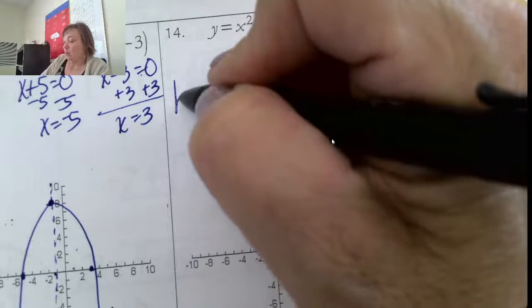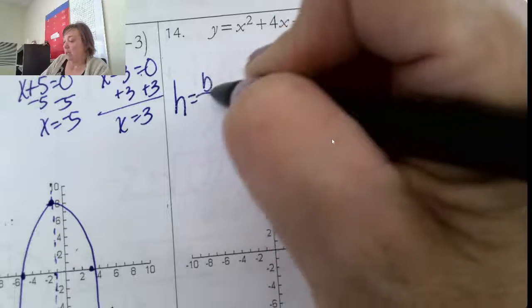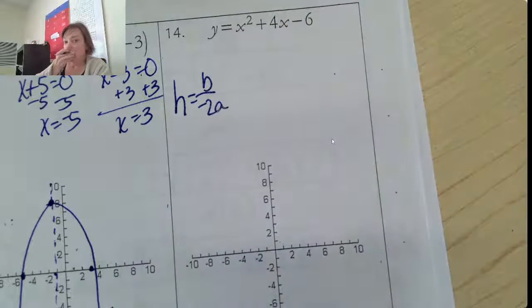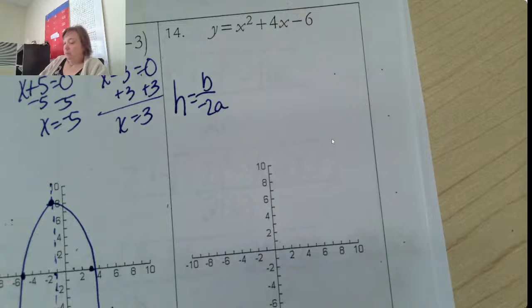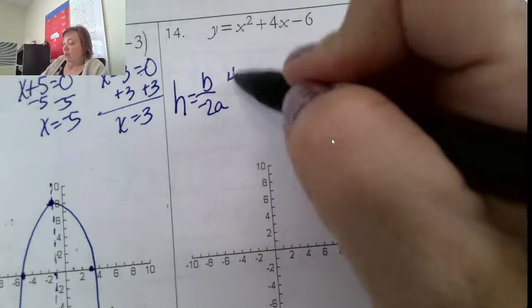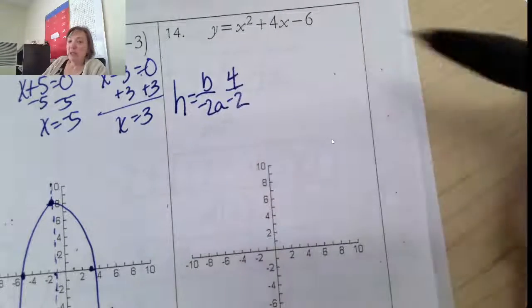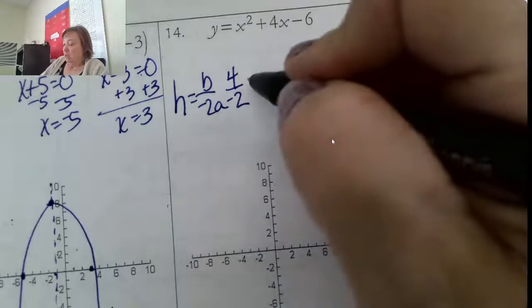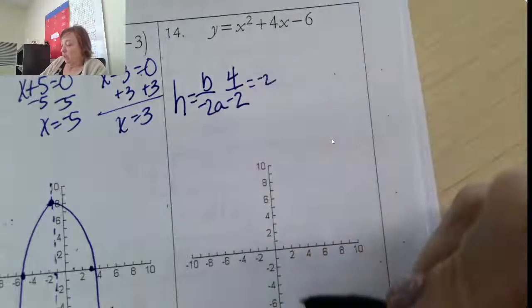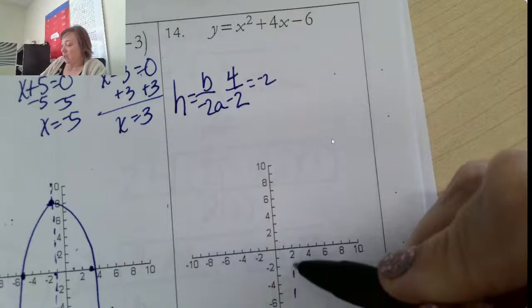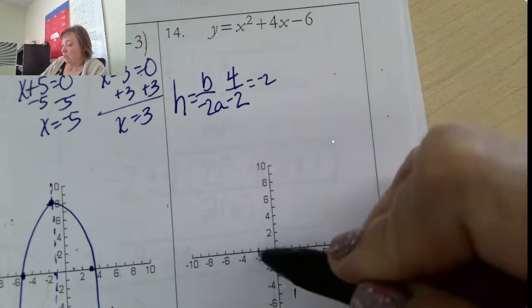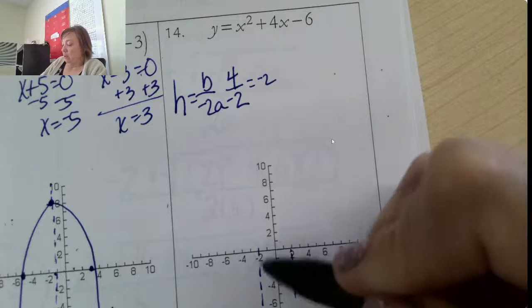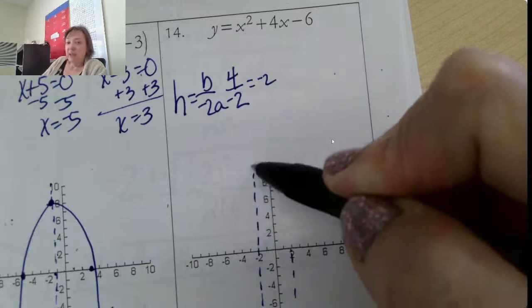So if we find our vertex, we're going to do b over negative 2a, right? What's our b? And then our a is 1, so that's just going to be negative 2 on the bottom. So that's going to be negative 2. So we know our vertex is going to be on this axis. Oh, I just drew it on the wrong side because I'm crazy. Our vertex is going to be along that line somewhere.